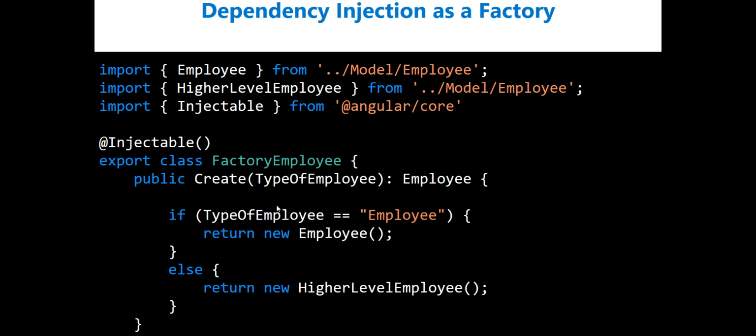Again I repeat, based on the user selection, this particular factory employee is going to be injected somewhere. If the user selected a plain employee object, this particular condition will provide you an employee object, or otherwise if the user selected the higher level employee, this factory employee will return a high level employee.